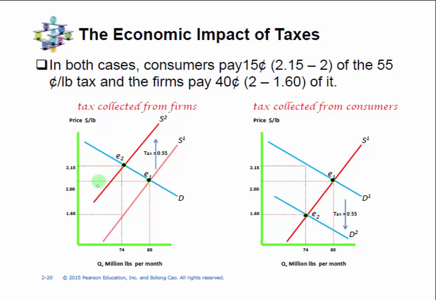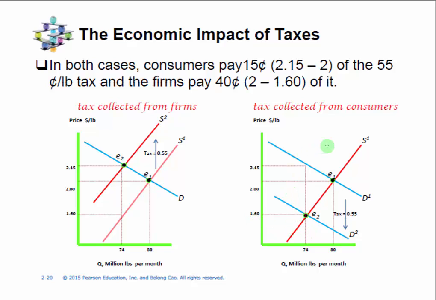This tax burden of 55 cents is shared between the buyers and the sellers. Obviously here the buyers have a lower share of the tax burden, but that depends on the relative slope of the supply and demand curves.